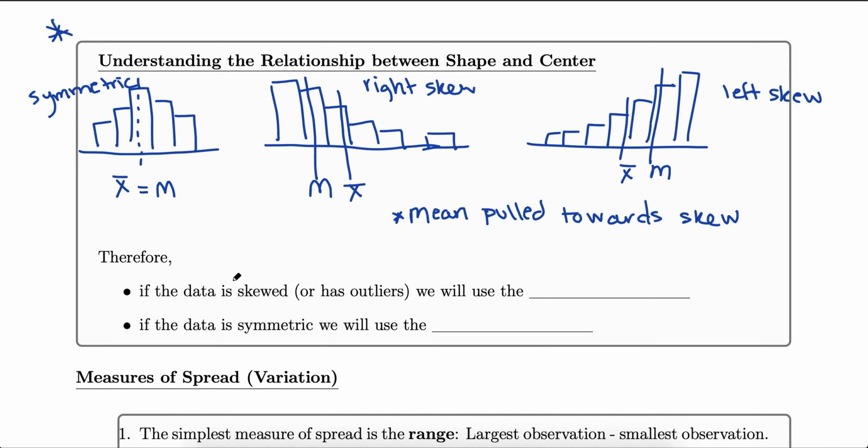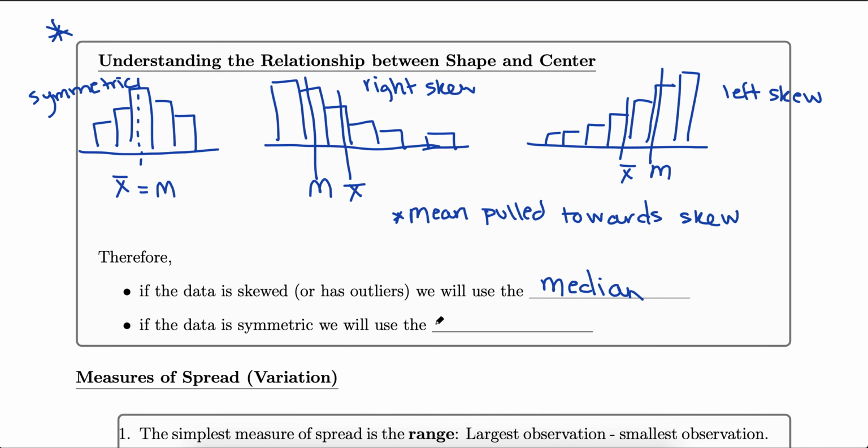So to kind of sum it up, if the data is skewed or has outliers, we should definitely use the median over the mean. And the reason for this, think back on little Johnny on the previous example, as we moved him further and further out, the mean is going to get pulled further and further out and not represent the bulk of the data. We want a measure of center that represents the bulk of the data.